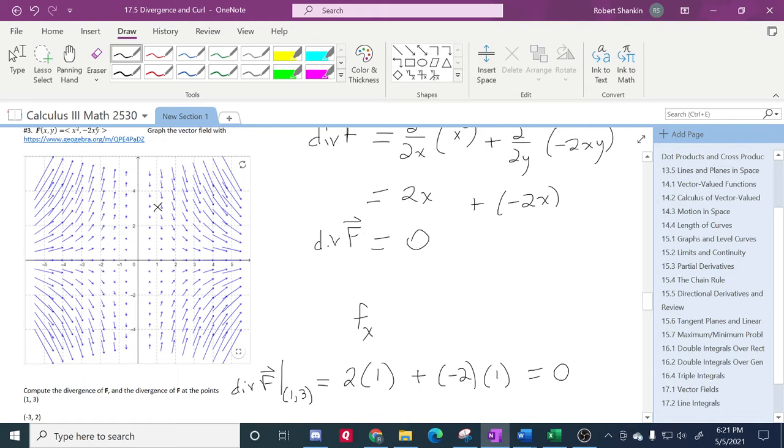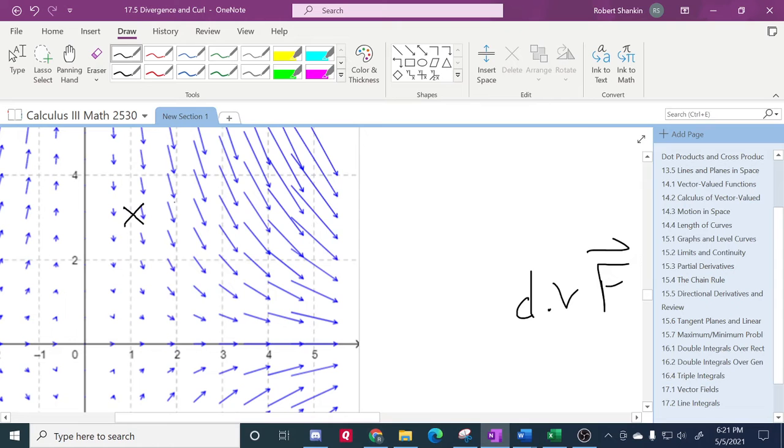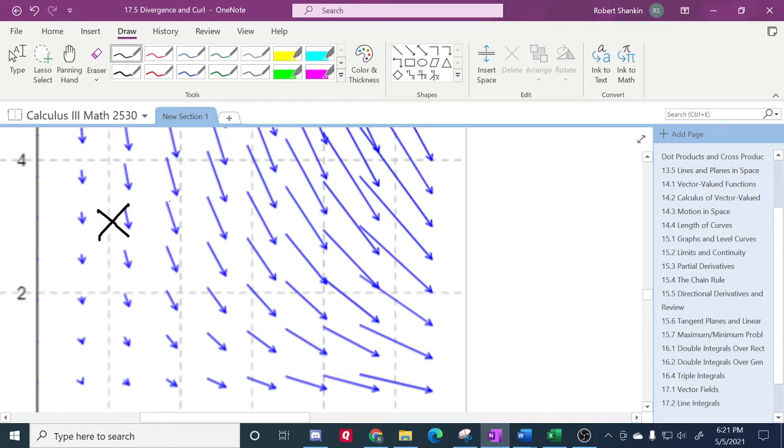Now the x component of this vector is this little, I'm going to blow it up here. The x component of this, I'm going to blow it up even more. There's the x component of that vector. As I move to the right, see the x components of each vector are getting longer.